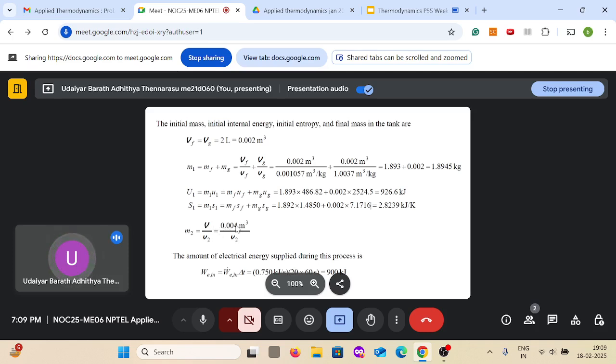My volume is 4 liter, so 0.004 meter cube divided by specific volume, which we have to find out. The amount of electrical energy which we have given is 750 watts times delta t, and this is given for 20 minutes. So 20 times 60 seconds will give me 900 kilojoules. So 900 kilojoules of energy has been supplied.